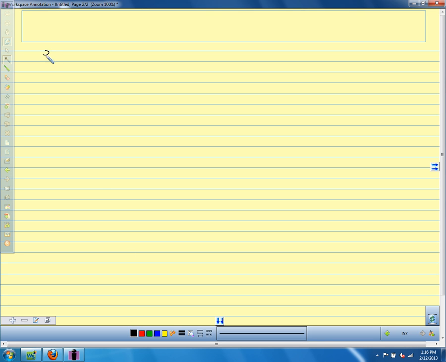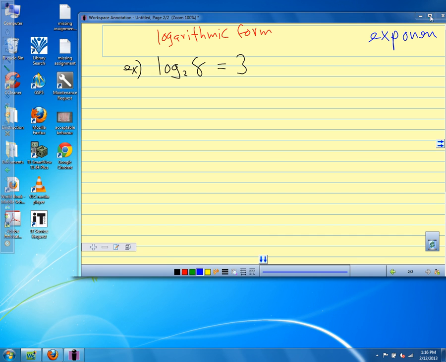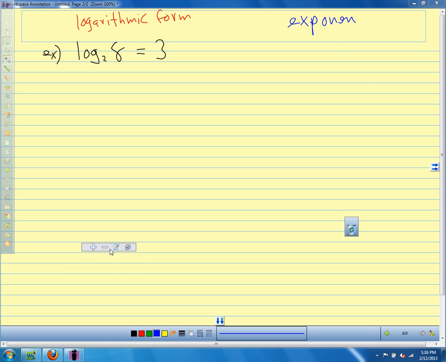If we have log base 2 of 8 equals 3, these are in logarithmic form, and we want to switch them to exponential form.